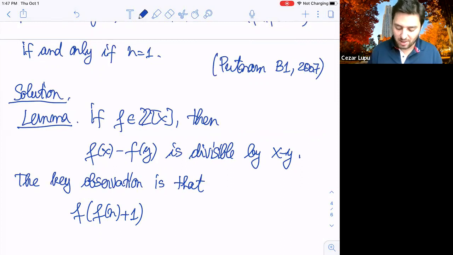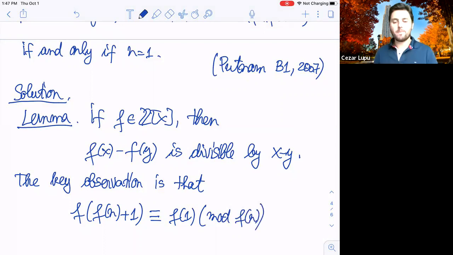So we can write this in the following way: f of n plus 1 is congruent with f of 1 mod f of n, right? You agree with me so far? Okay. All right, so now, well, for n equals 1, guess what? It's obvious, right?